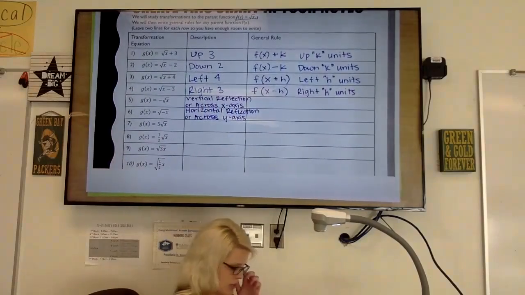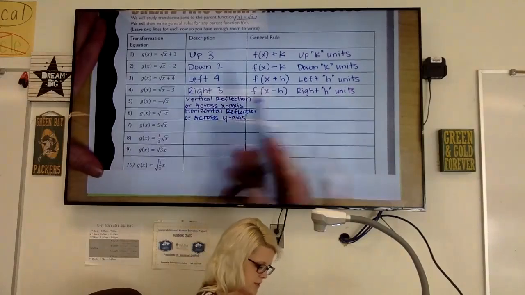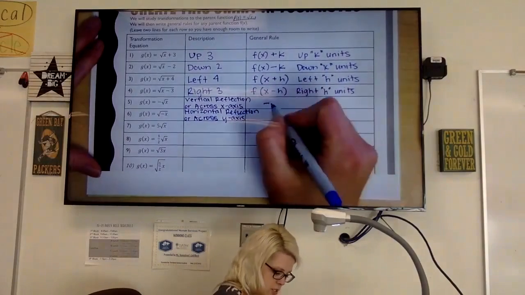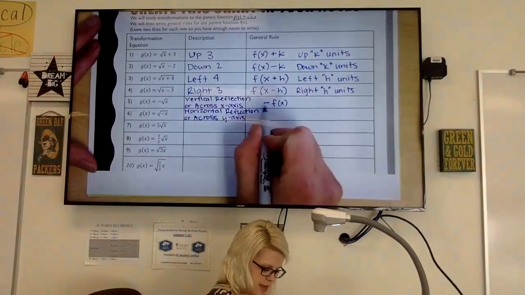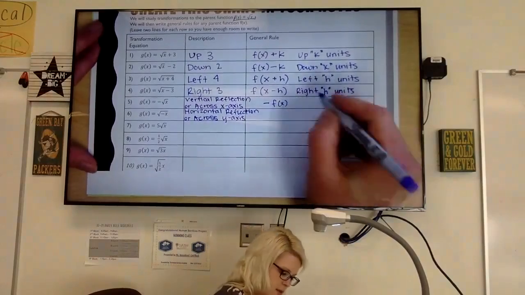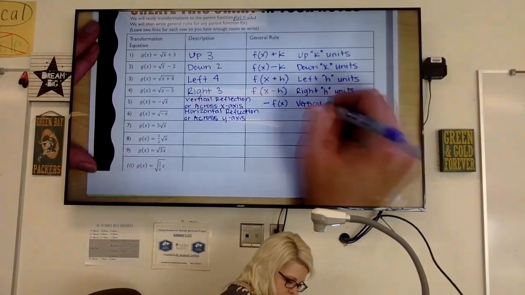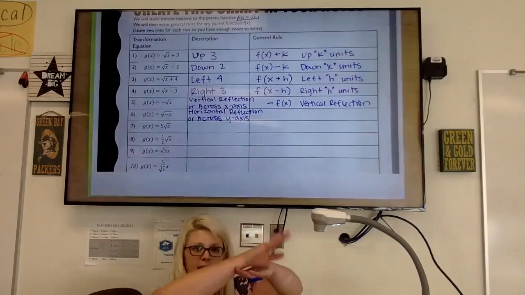So then to write our general rules, this is saying have a negative in front of the whole function. So to write that in general notation, function notation, we write negative f of x. If I just threw a negative in front of the whole function, that's going to be a vertical reflection. Or across the x-axis.